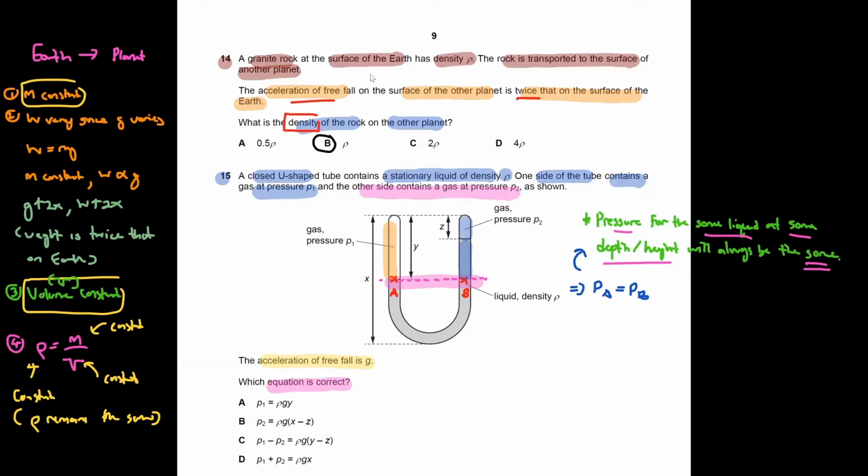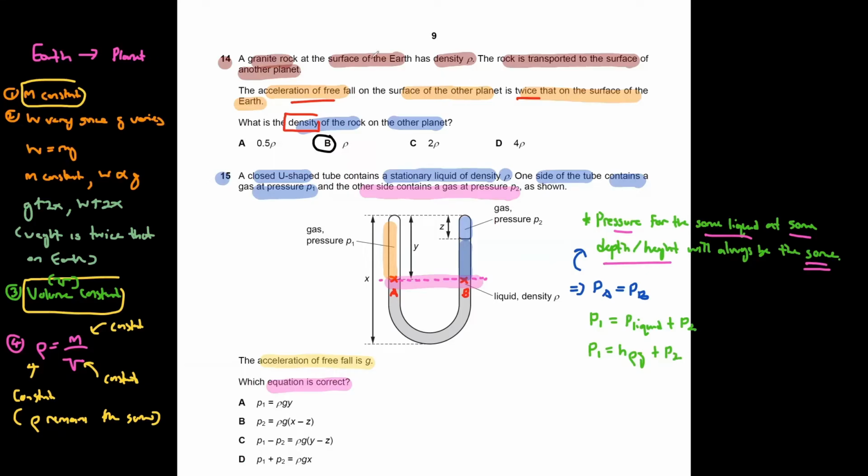So in my case, I can write this out as PA equals P1, equals P of the liquid plus P2. Now P of the liquid can be rewritten as h rho g. So P1 equals h rho g plus P2.